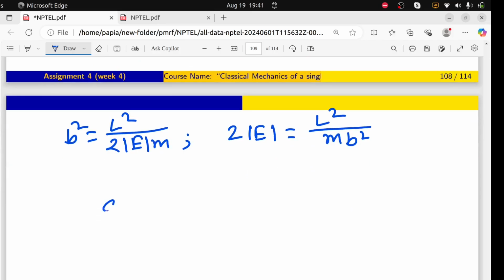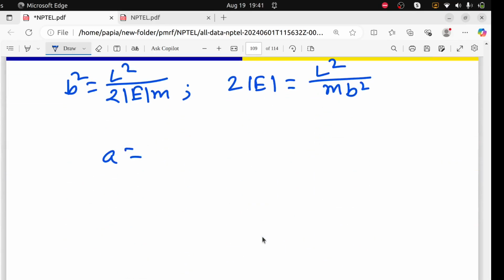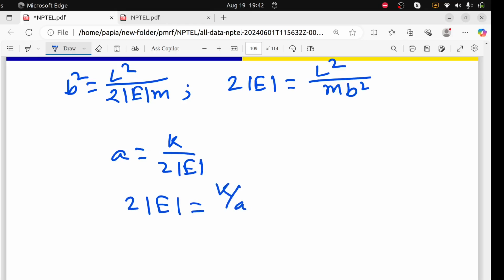Now I can write here, not A, I can write B. So A was k by 2e. So 2e equals k by A. Now we can see here, this is k by A equals L square by m B square.